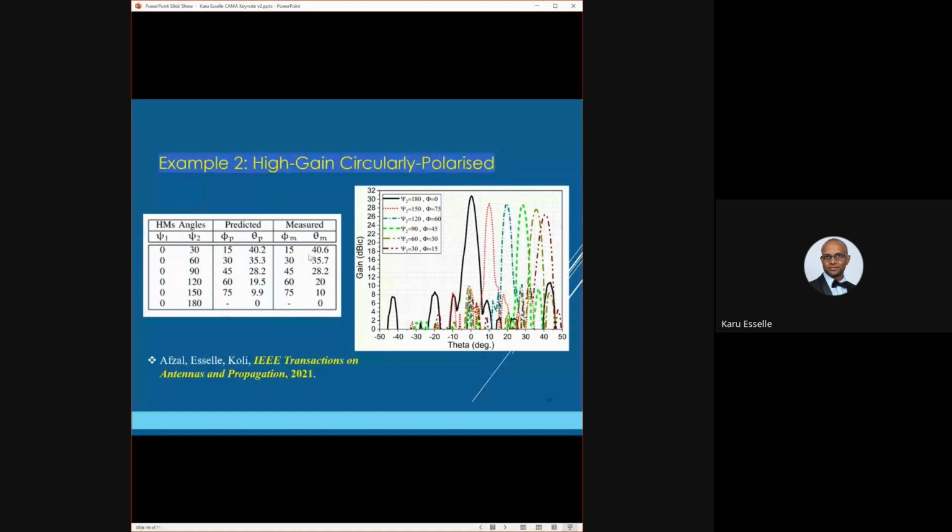And these are the measured beam directions, the theta and phi of the beam directions. In fact, the phi value of the beam can be changed to anything between 0 and 360 degrees, the theta value of the beam can be changed only up to 40.6. Then it becomes highly distorted, or the distortion increases.